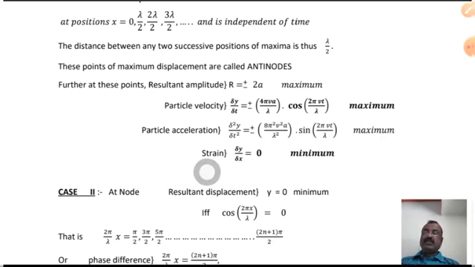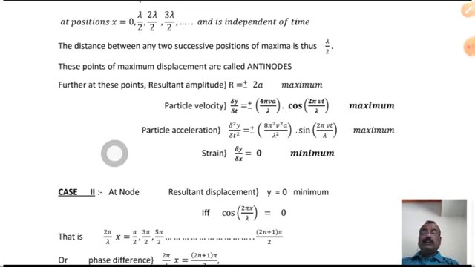For strain, if I substitute and simplify the resultant expression, delta y by delta x is 0. Finally, we can write the inference like this.